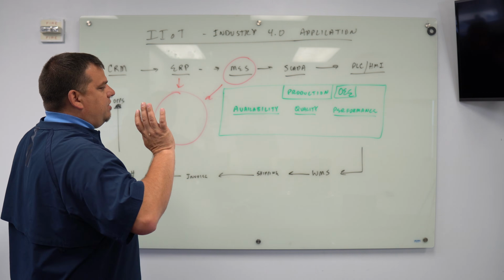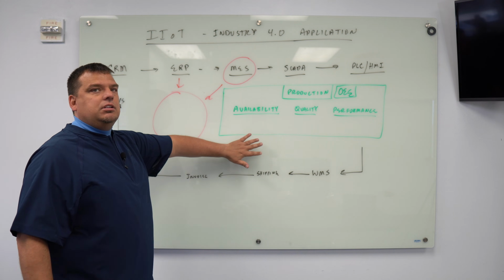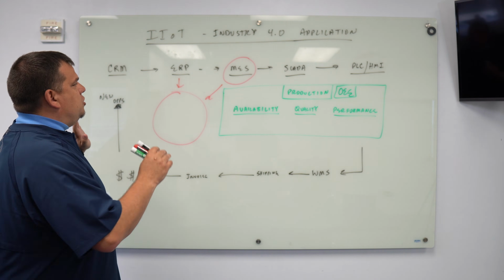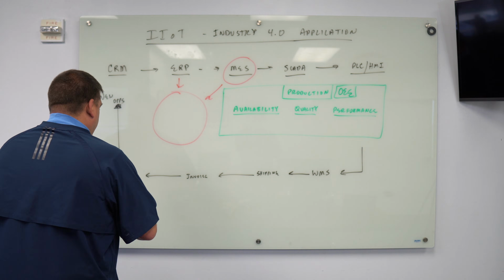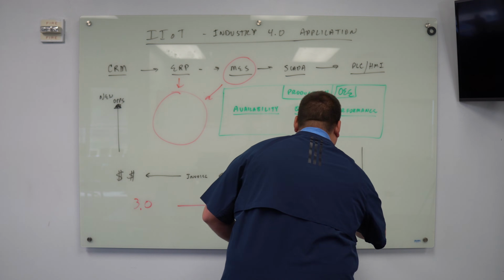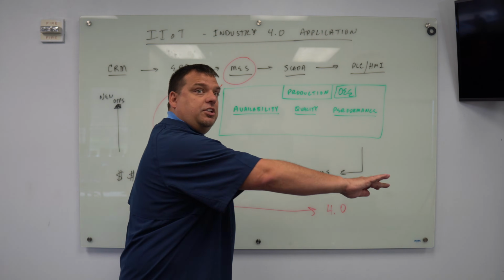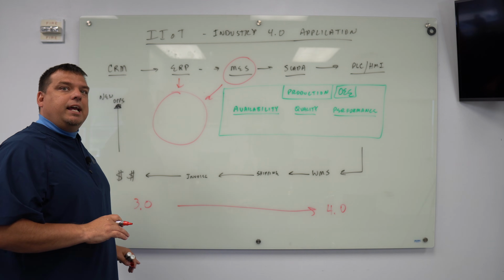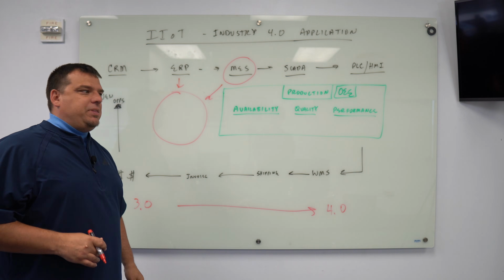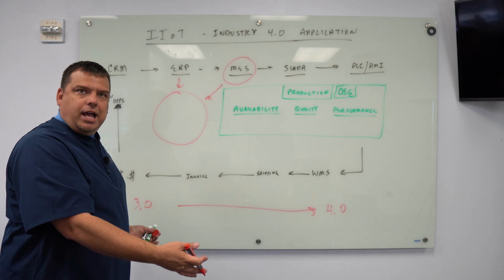When you go into the vast majority of organizations, they can't even get the 3.0 right. So moving to 4.0, my digital transformation is difficult. You want to know why? Because they can't even get the 3.0 implementation correct. Right. They can't even get out of their own way.